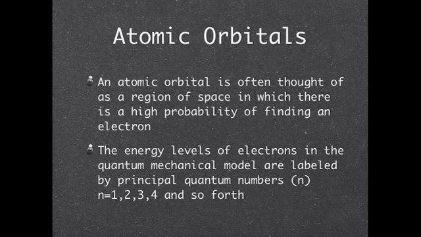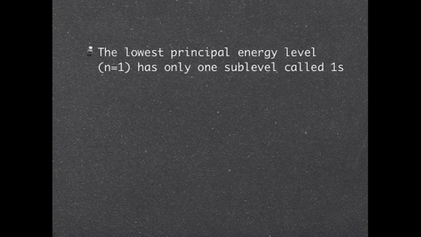And we have different energy levels in the atom, and we represent those with principal quantum numbers, which is n. We say, n is what we use for that. And we add different levels, 1, 2, 3, 4, 5, 6, 7, and so on. The lowest one is 1, so n equals 1 is our lowest principal energy level.